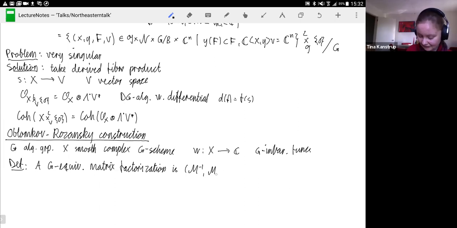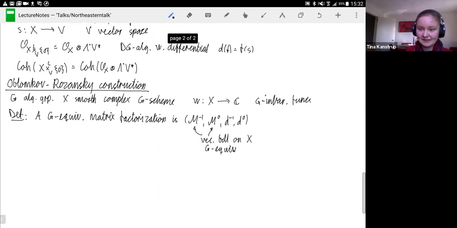We have two vector bundles on X, called G equivariant, and the D's are maps between them.